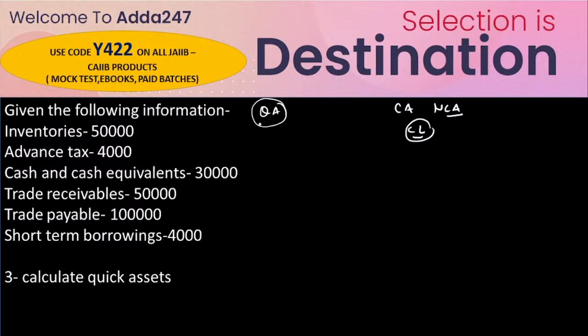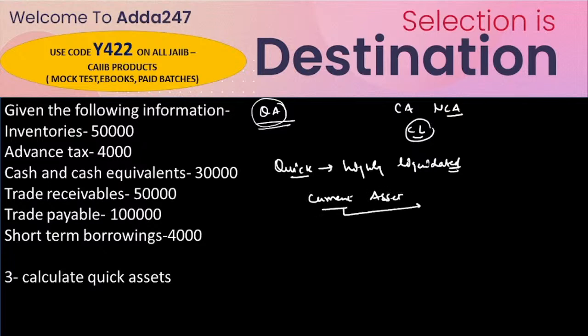Now the other term is quick asset. Quick means highly liquid. If current means liquid, then quick means highly liquid.